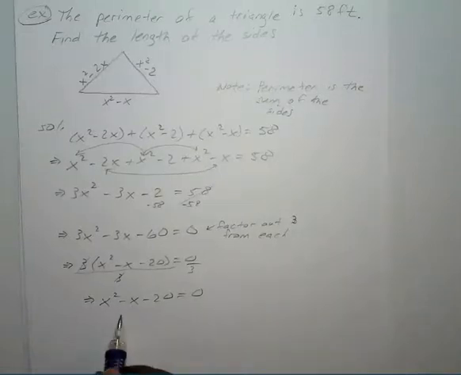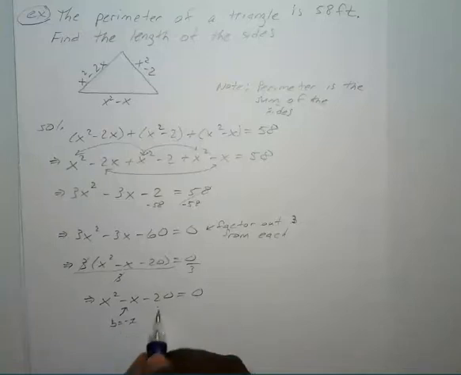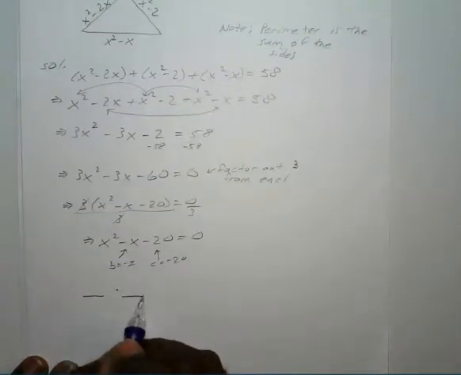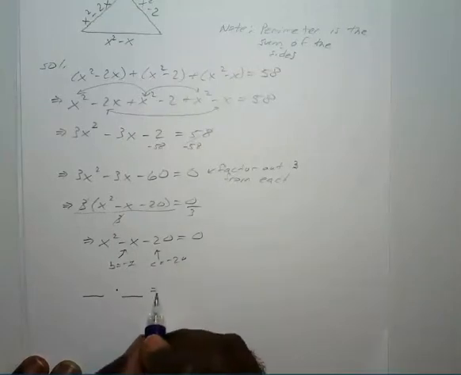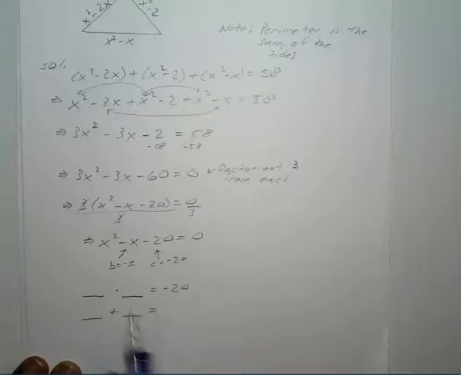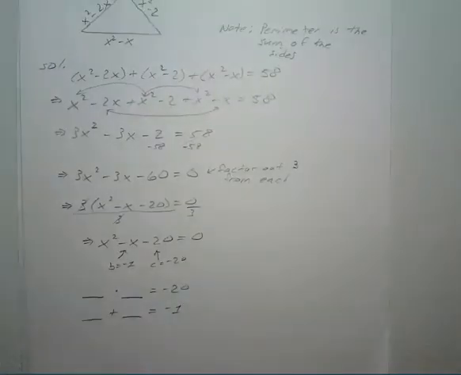Alright, so we see here that b is equal to -1, c is equal to -20. We have to find two numbers that multiply to equal your c. And those same two numbers add to equal your b. Okay.